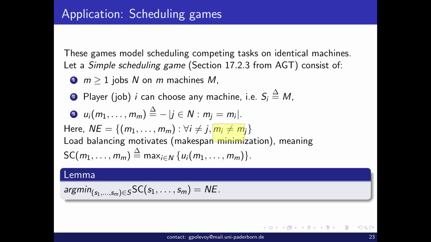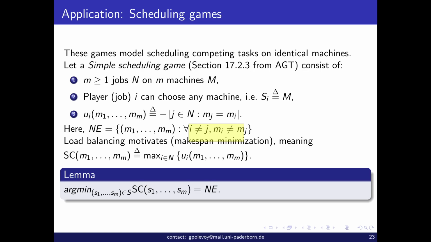Now, on the other hand, if that does not hold, if there is a couple of players who are on the same machine, it means that there is at least one empty machine, because the number of players and the number of machines are the same. So any of those players who are together can improve her utility by unilaterally deviating and going to an empty machine.